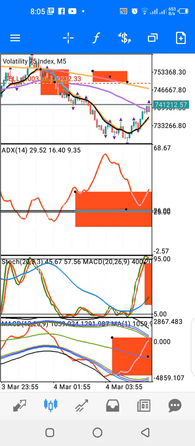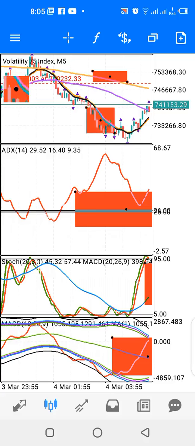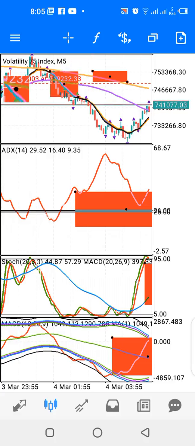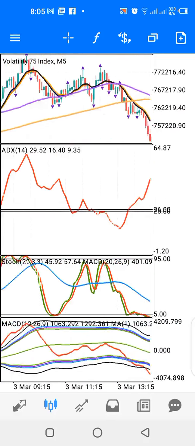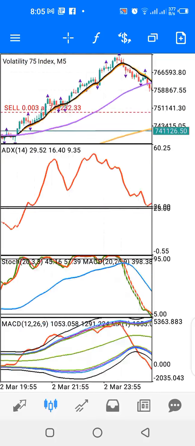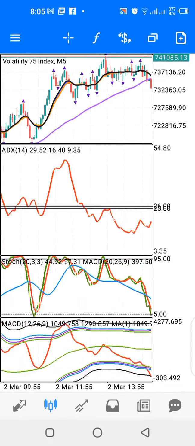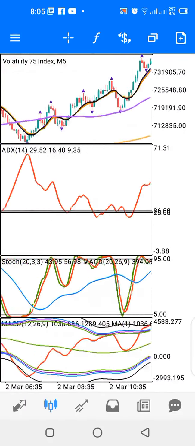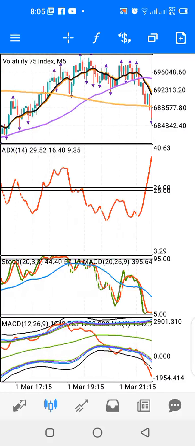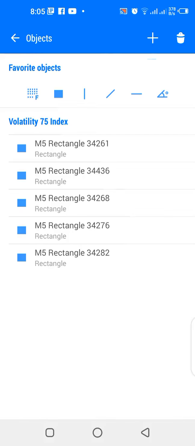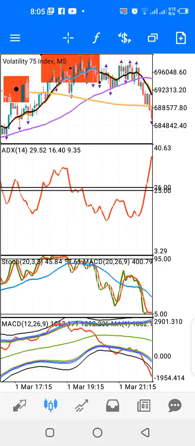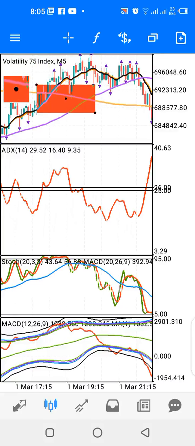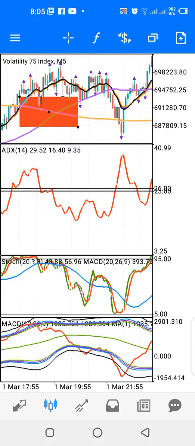But the reverse is the case for a bullish trend. We expect everything to be above the orange moving average, the 200 moving average. Let's look, for instance, where we have a bullish trend. Okay, we have the development of a bullish trend somewhere around here, where price is above all moving averages, and we can see what happened.